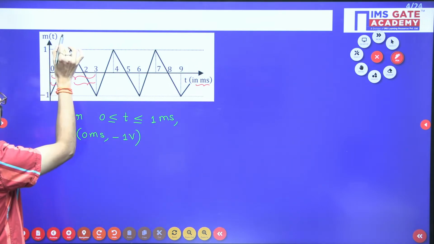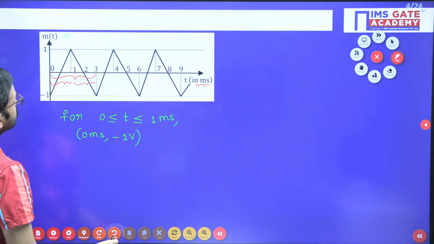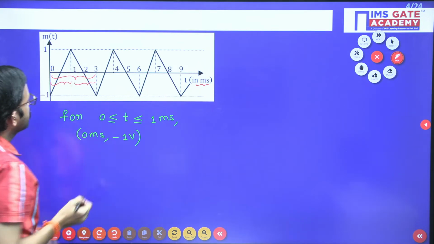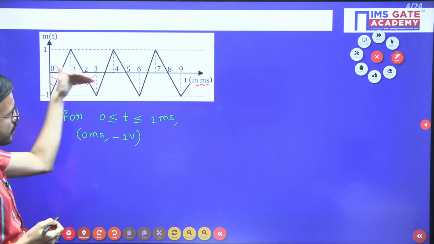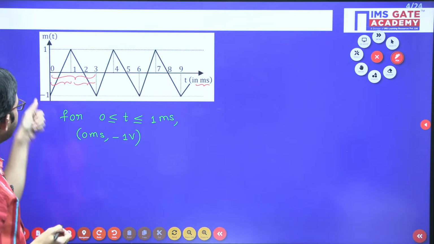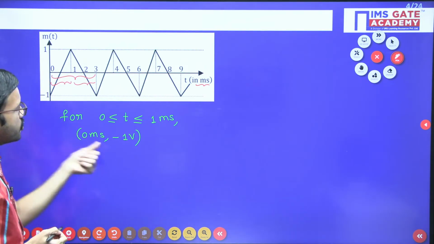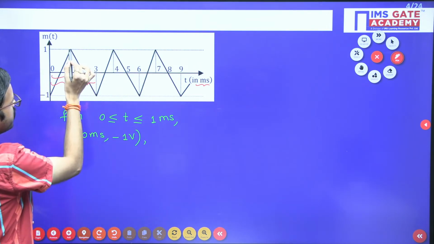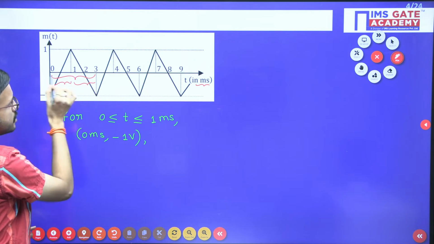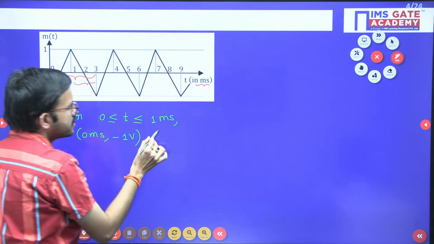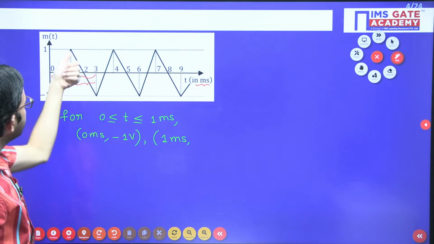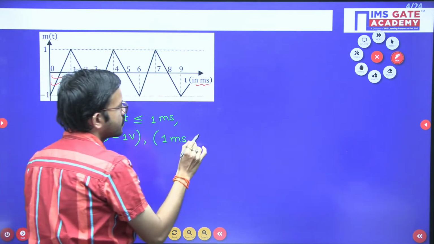Here the units of m(t) are volts. Similarly, the other point has time 1 millisecond and the corresponding voltage value is 1 volt.